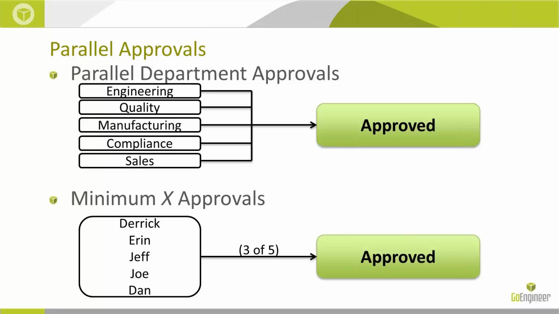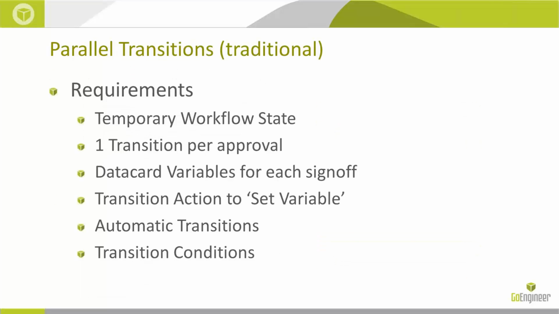To get an appreciation for how we set up these parallel approvals, we'll first talk about the traditional way, or the way that we've typically set these up in the past. So the prerequisites in order to get this set up: I'm going to need a temporary workflow state.